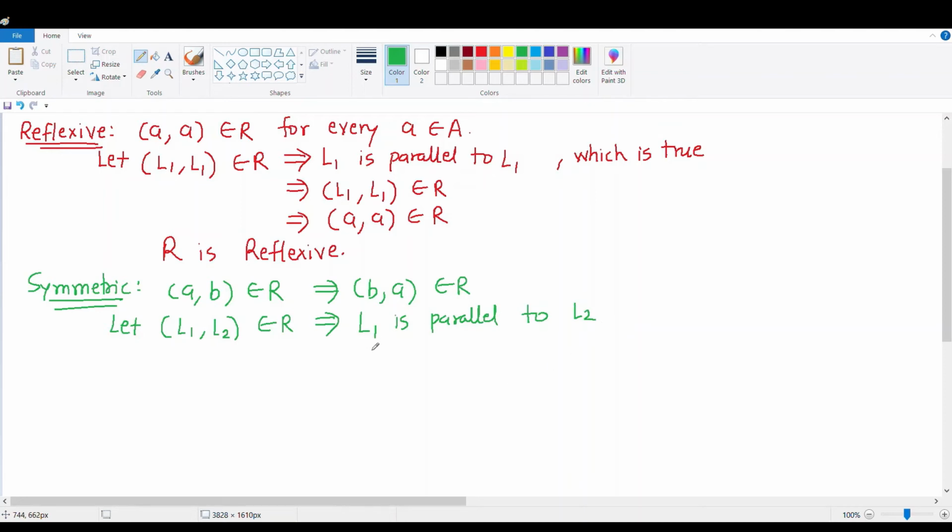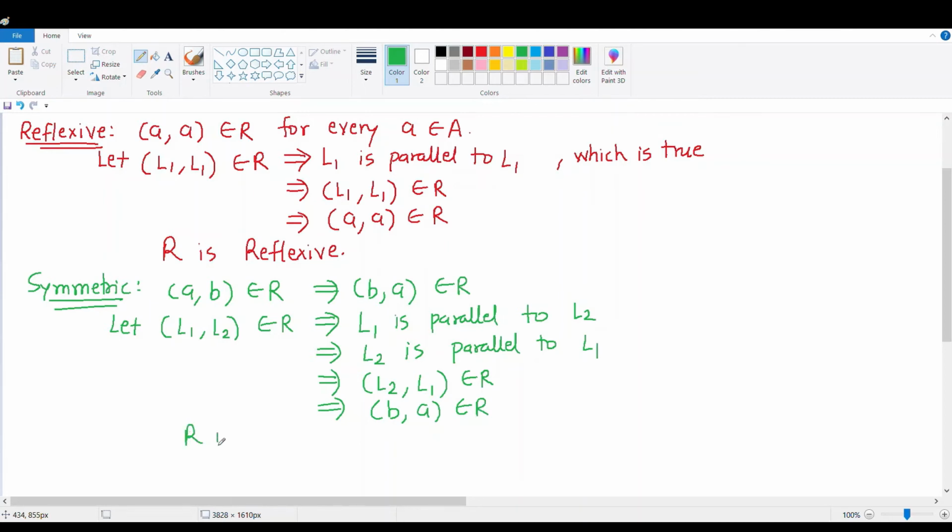Now if L1 is parallel to L2, can't I say that L2 is parallel to L1? Of course, right? Same thing. If one line is parallel to the other, that means that other line is parallel to that first one, of course. So we can say L2 is parallel to L1, and that means (L2, L1) belongs to R, and that means (B, A) belongs to R.